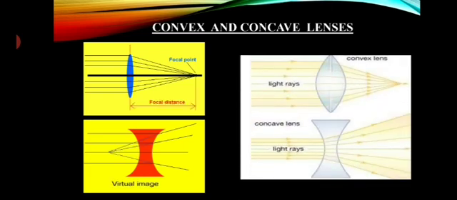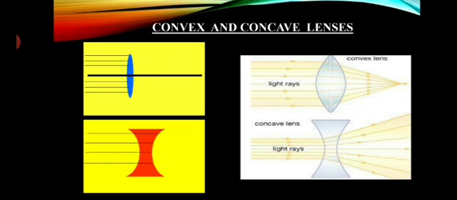Here you can see how the light rays are being converged by the convex lens and are diverged by the concave lens. Although the size and position of images formed in both lenses depend on the distance of the object placed from the lens, which is given in the table in your textbook.